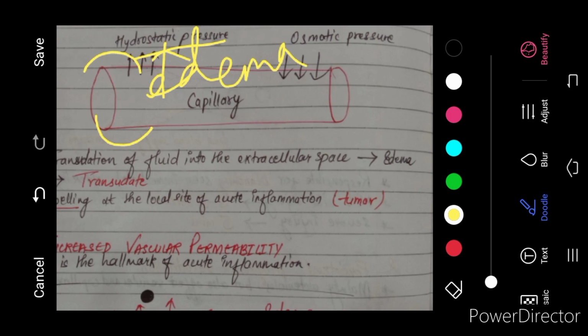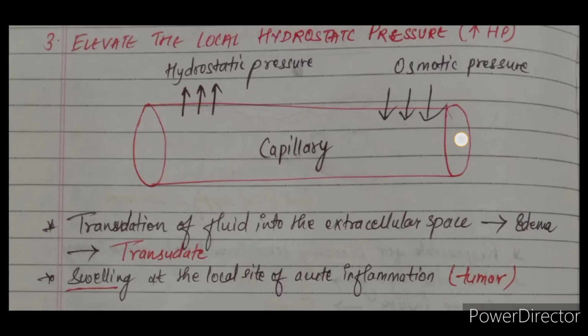But if there was leakage of proteins along with fluid, then it is known as exudate. So in the third step of vascular events, we have seen that there is leakage of fluid into the extracellular space causing edema, and it is known as transudate.